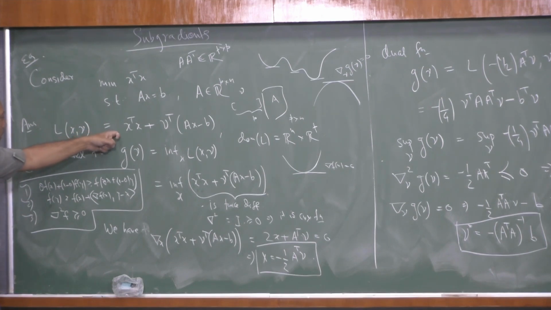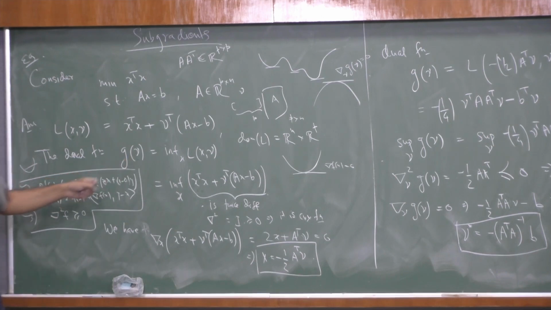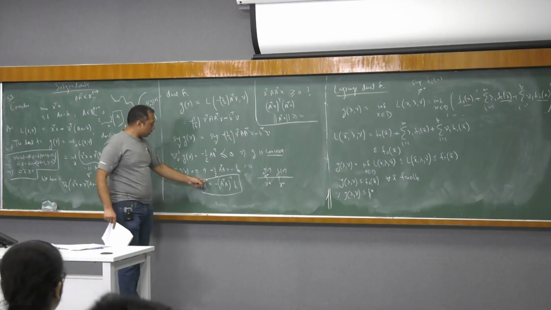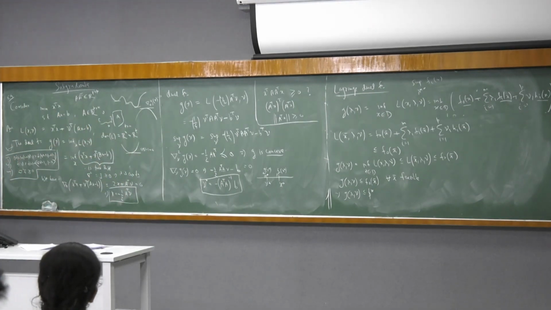You first form the Lagrangian, then you infimize the Lagrangian to get the dual function, and then you maximize the dual function. That's another way to solve a constrained optimization problem. I will come to how I get x star from nu star, but we can derive x star from nu star.